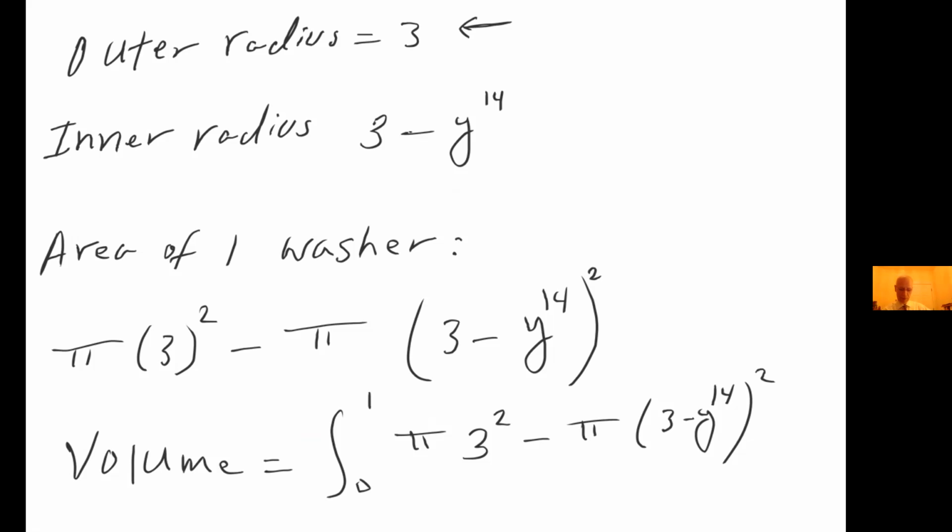The volume is going to be from 0 to 1, stacking up in the y direction, the outside circle minus the inner circle, all that dy, stacking them up in the y direction. So let's go to the next page.